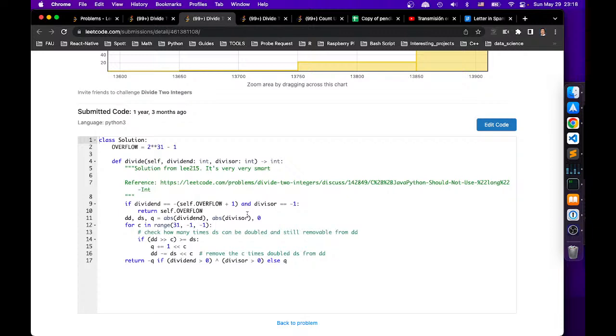How many times can ds be doubled? Well, what it actually does is the right shift 32 times. Okay.